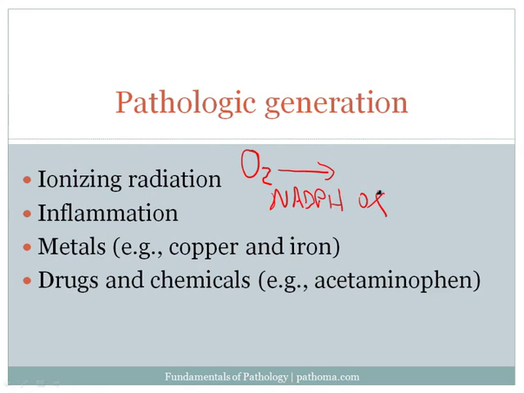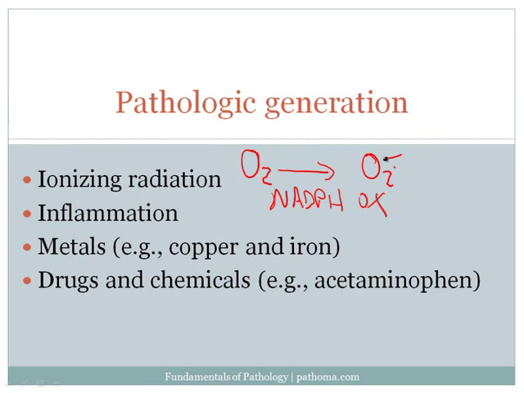And NADPH oxidase takes oxygen and converts it to superoxide. And so that's the very first step. And superoxide will very quickly be converted by superoxide dismutase to hydrogen peroxide. And then hydrogen peroxide is converted by myeloperoxidase to form bleach, or HOCl.